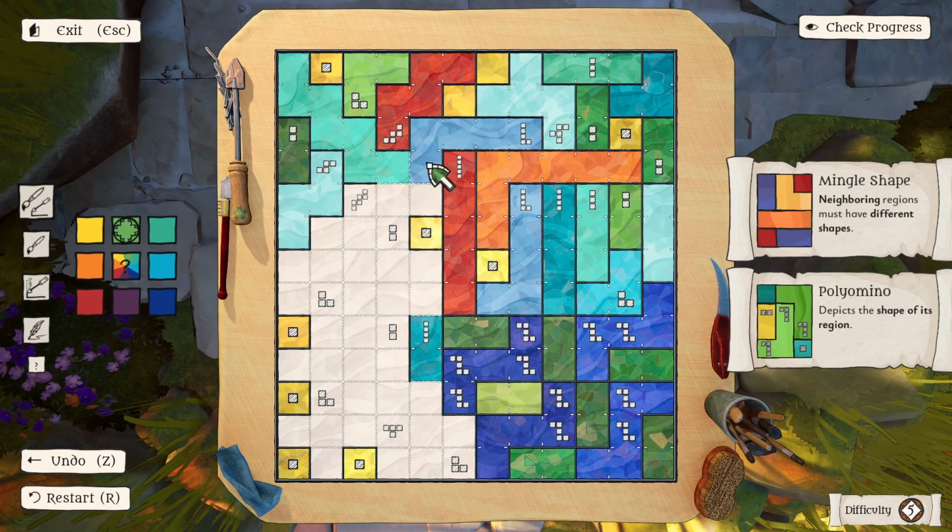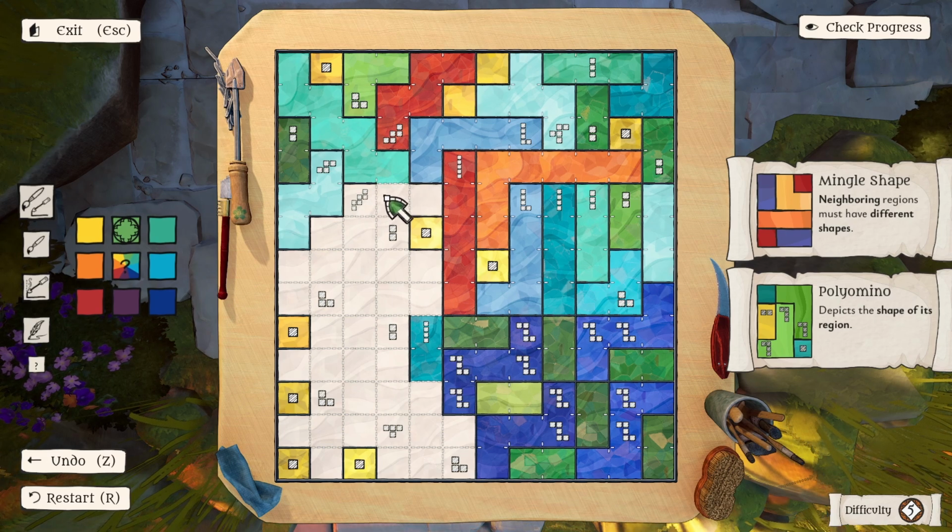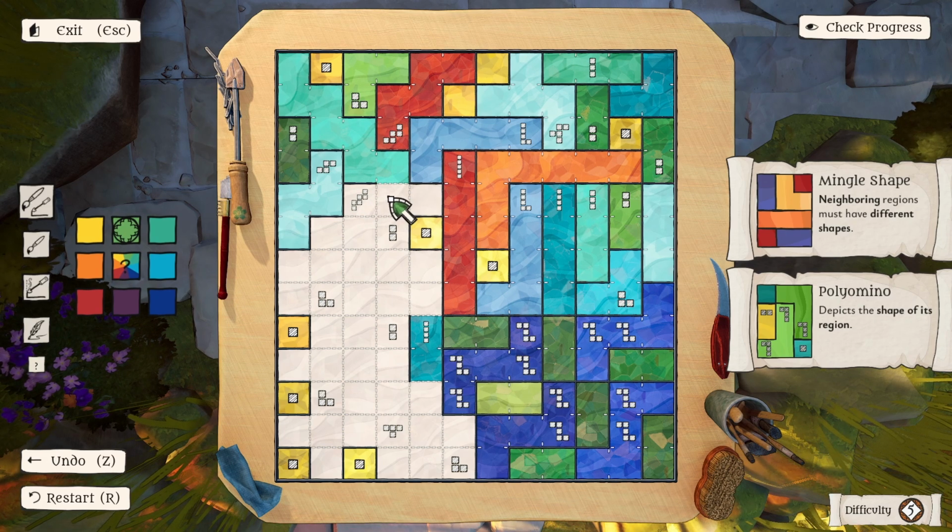Okay, this one does that, and it's done. We don't know that this ends here. This one could take that or not.